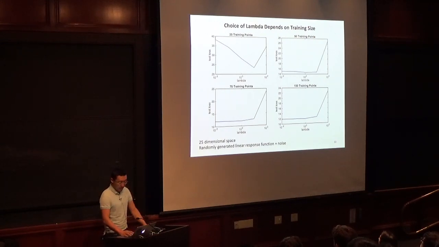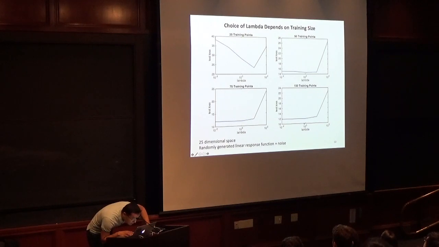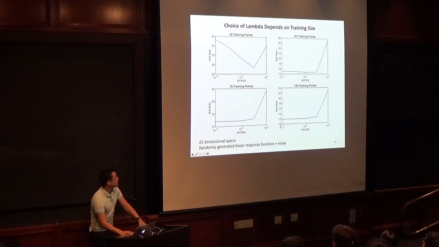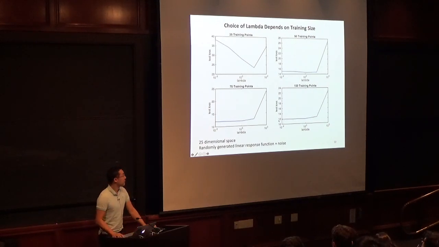In particular, the best lambda for 25 training points is somewhere over here, and the best choice of lambda as you get to 100 is actually the lowest lambda. The lowest lambda actually has the best test loss for 100 training examples, although it's pretty close to this one.